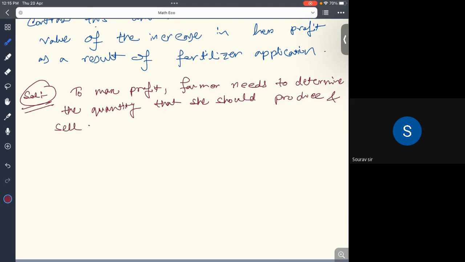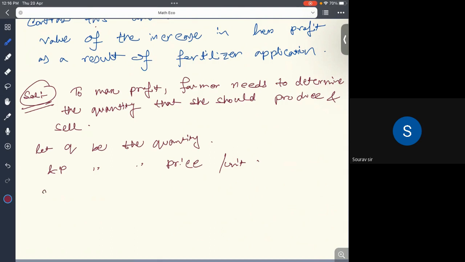Now let Q be the quantity that she produces and sells, and P be the price per unit. Since she sells at a fixed price of $5 per unit, P is equal to 5 and her revenue R will be PQ.